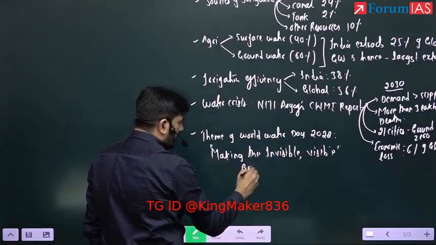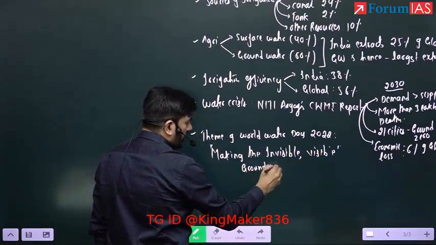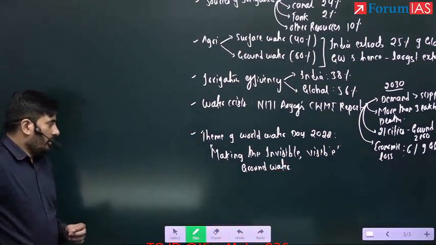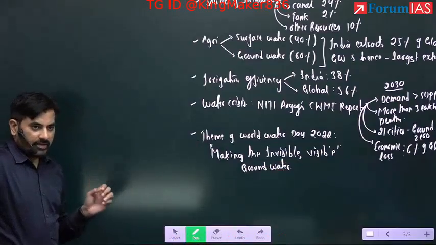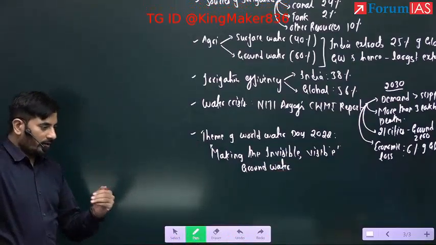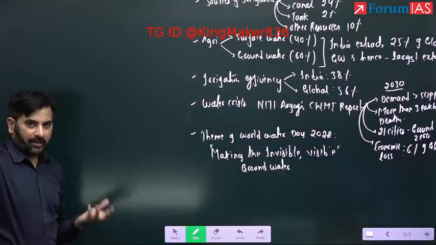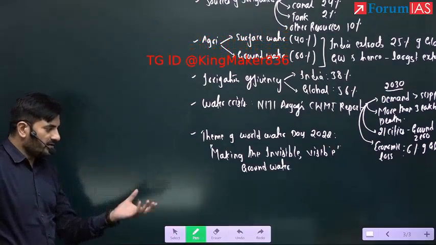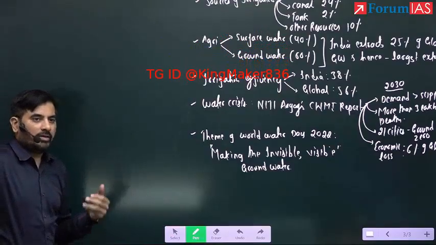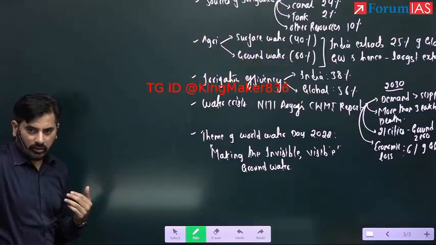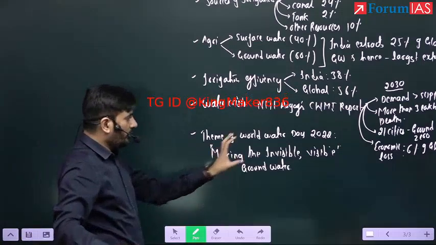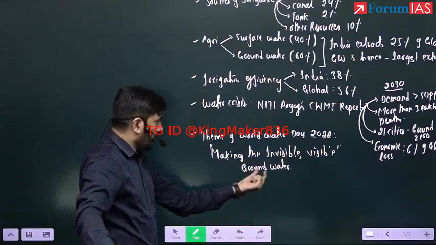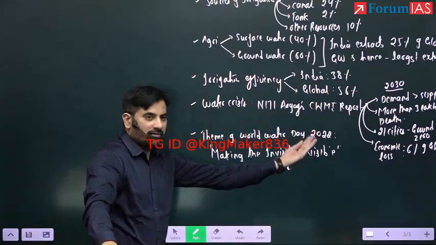This is with respect to groundwater. Groundwater is not visible to the naked eye. It is invisible. And the problem is, because it's not visible, we don't even know how much we are extracting. We are going to stare at probably the over exploitation of groundwater. So the groundwater which is invisible should be made visible.